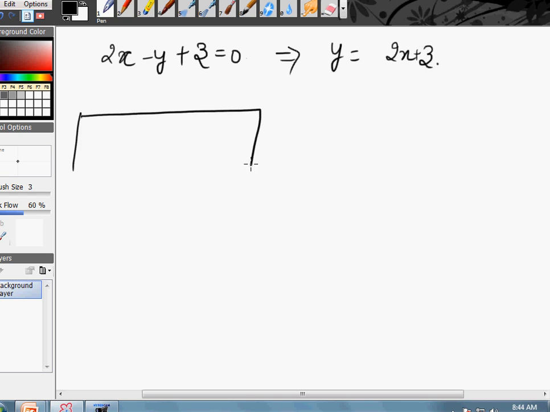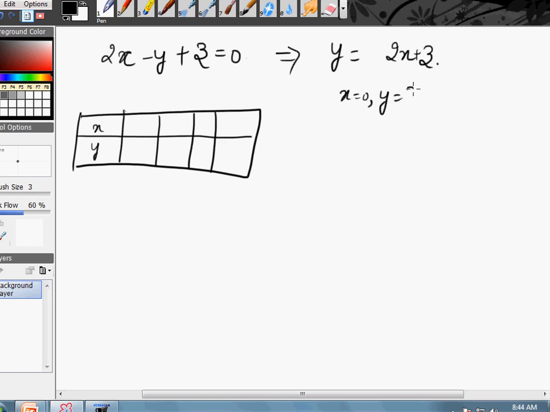Thus, tabulating y for different values of x, we can have at x equal to 0, y equals 0 plus 3, that is 3. At x equal to minus 2, y equals 2 into minus 2 plus 3, which gives us minus 1.